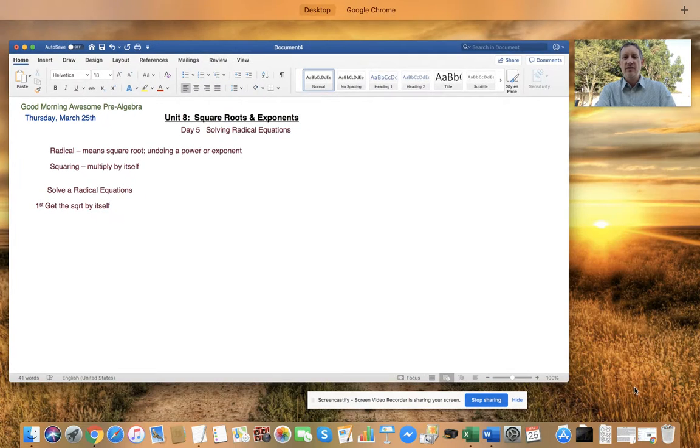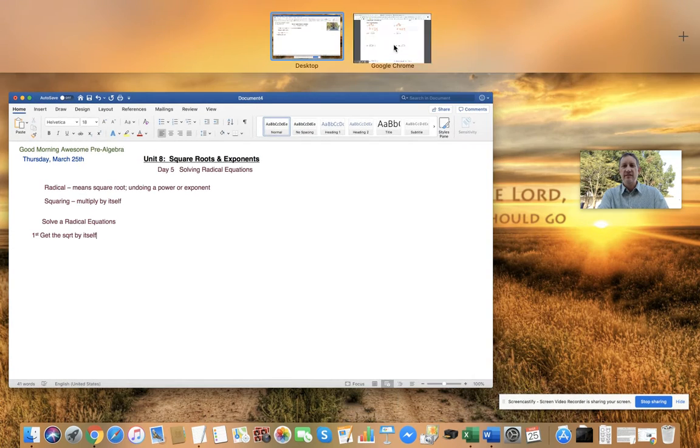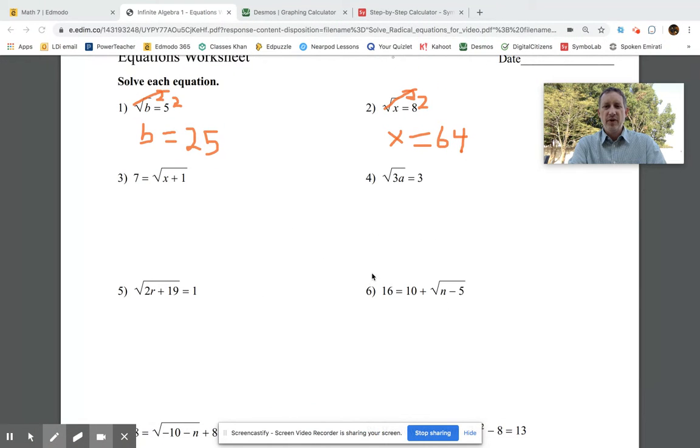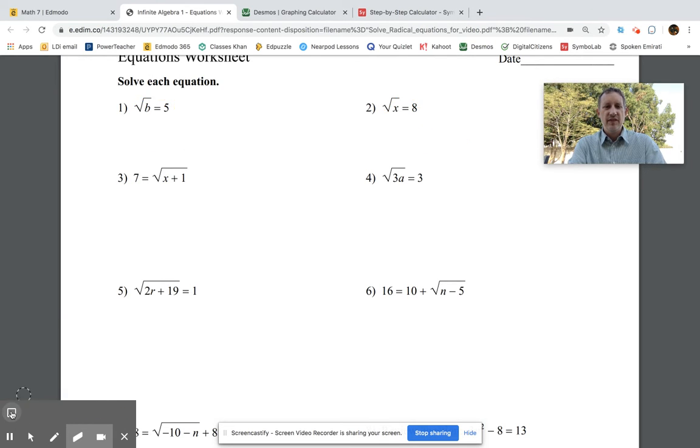So let's go ahead and do that. We're going to look at this problem down here if you want to follow along. I'm going to erase. So if you can do this one, if you can do number 6, you can do any of them. All right. So the first thing we're going to do is we're going to get rid of that plus 10 that's on the outside.